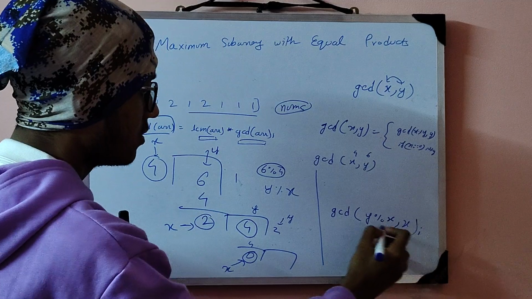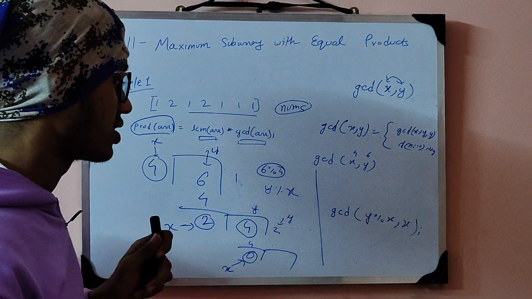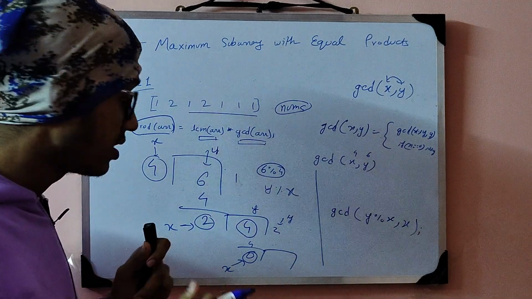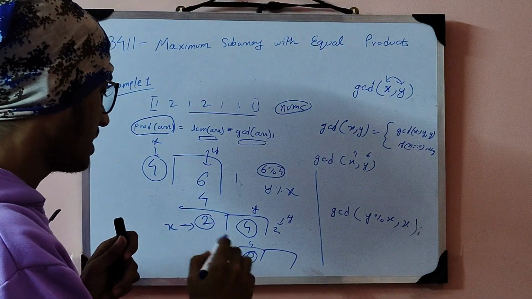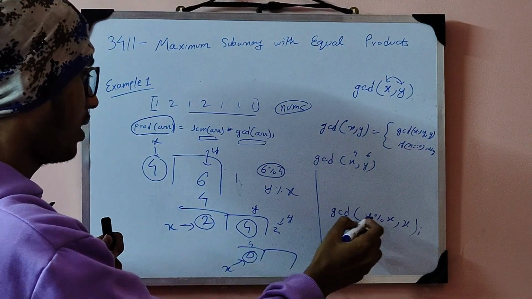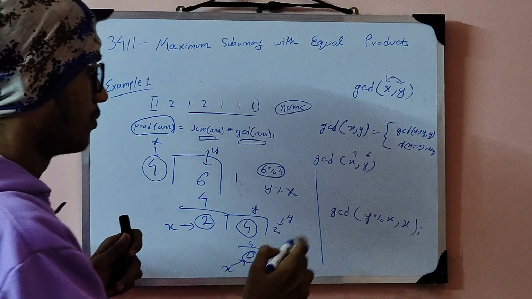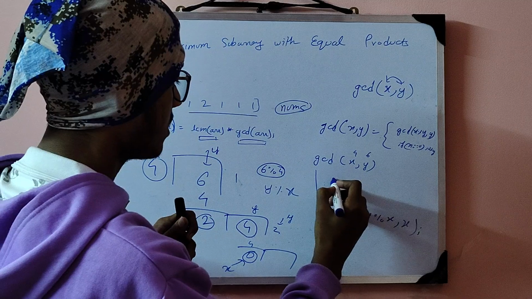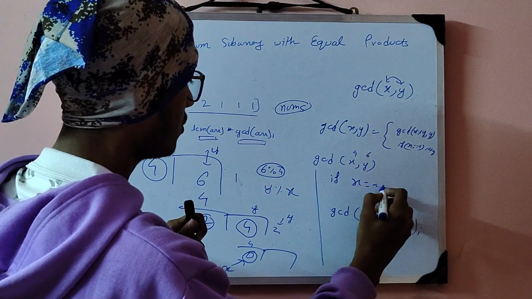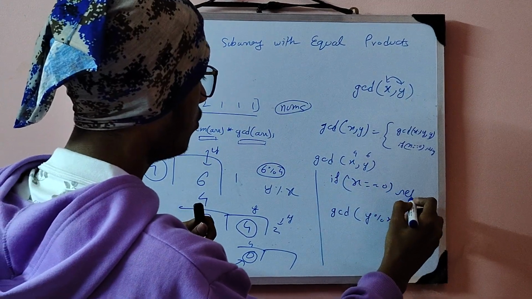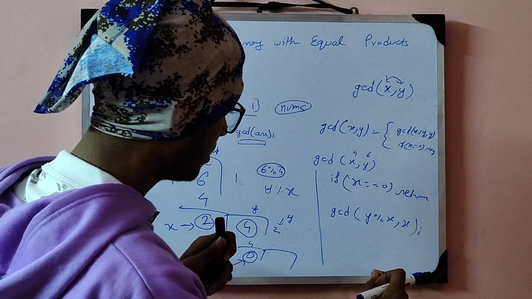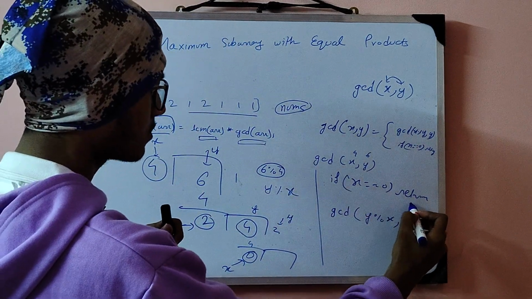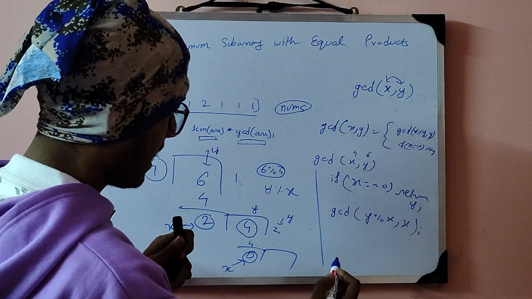This will be performed by recursion, but it will be called again and again. There should be a terminating condition, and we have seen the terminating condition is when y modulo x becomes 0. As soon as x is equal to 0, you will return y.